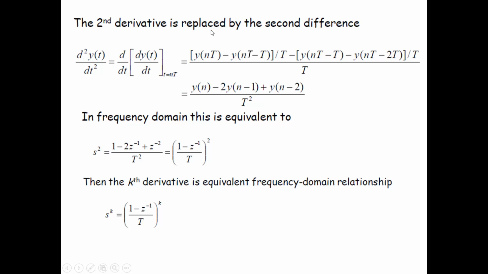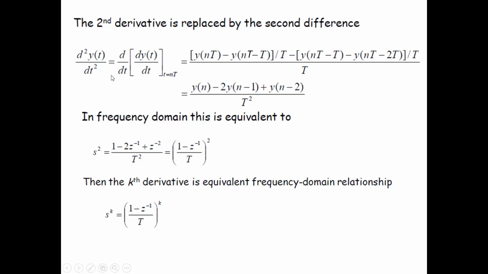Now, if you take the Z transform and try to get the transfer function, because this is the second derivative, we are looking for the equivalence of s square. This will be (1 minus 2z to the power minus 1, because it is y(n minus 1) here, plus z to the power minus 2, because of y(n minus 2)) divided by T square.